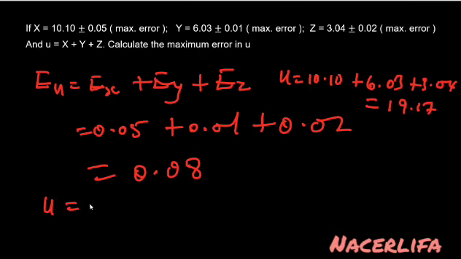So we can report u as 19.17 plus or minus 0.08. So the value of u lies within this, and this is the maximum error. From our previous video, if we take these values as the standard error, you should find the standard error in u. Put the answer in the comment section.